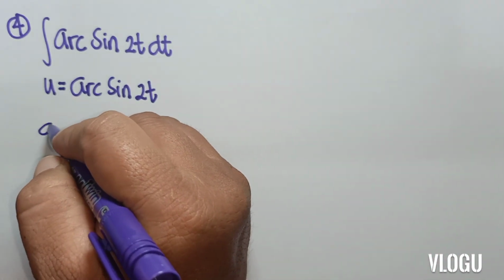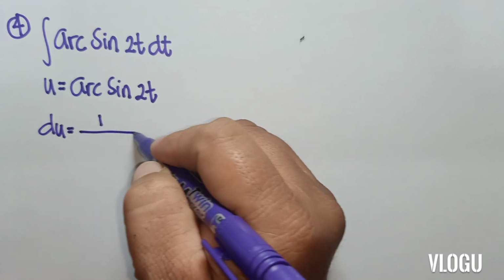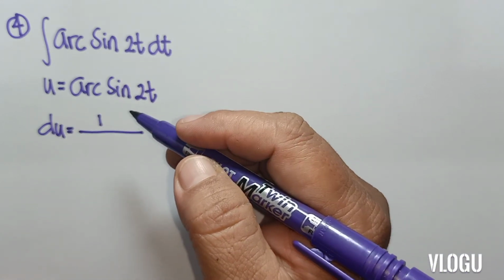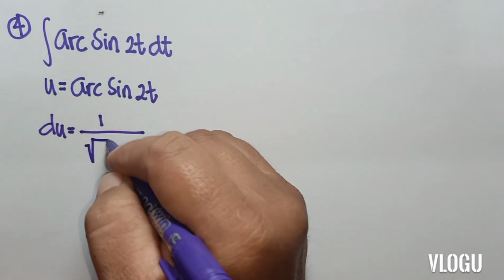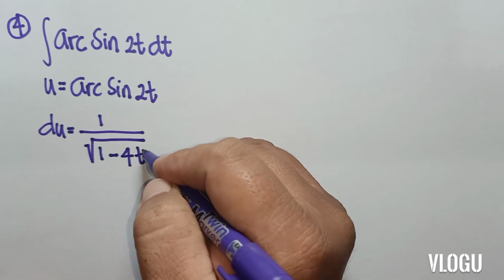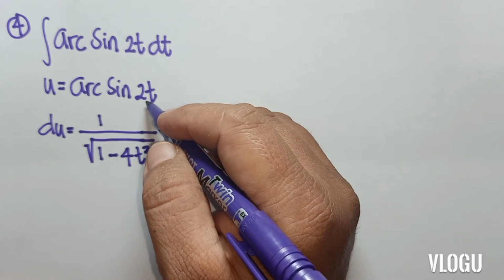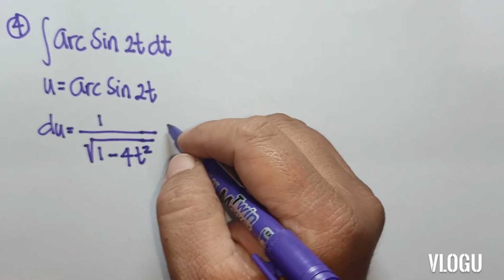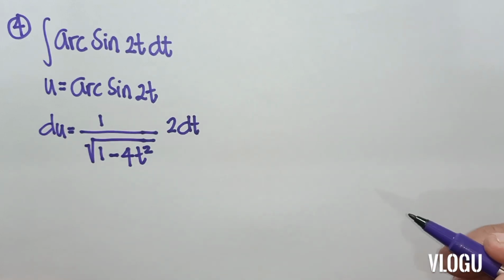The derivative of arc sine is 1 over the square root of 1 minus 4t squared, and the derivative of 2t is 2 dt.